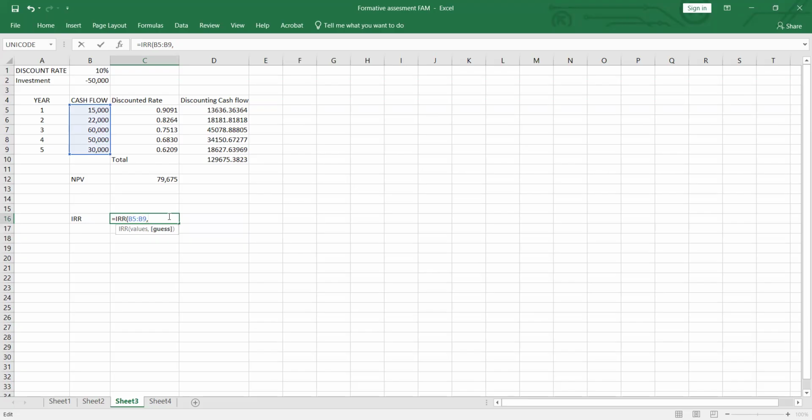Maybe put the column. Sorry for this. I didn't know what mistake I did. I calculate IRR again.